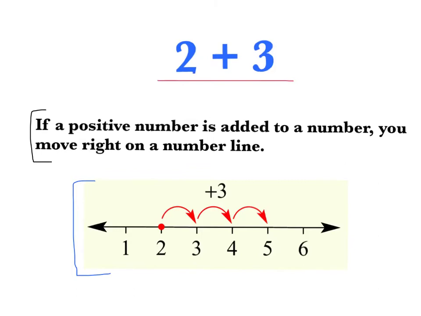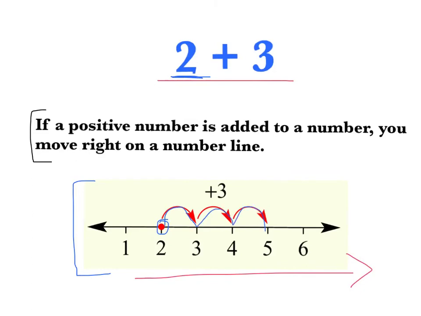So if we add, we move to the right of our number line. The positive 2 gives me my starting point on my number line. And I get told to add 3. So I'm adding, I'm moving to the right, 1, 2, 3.